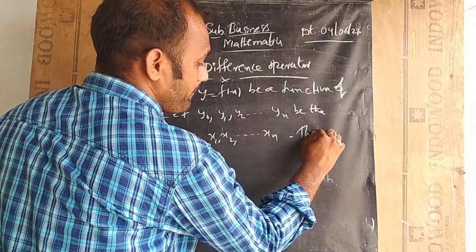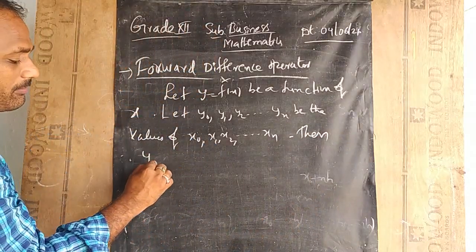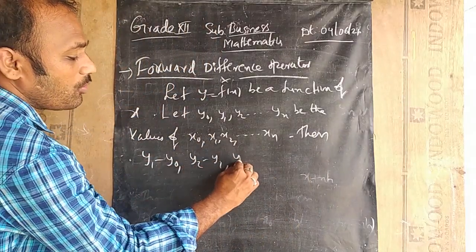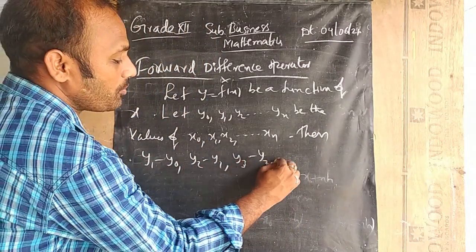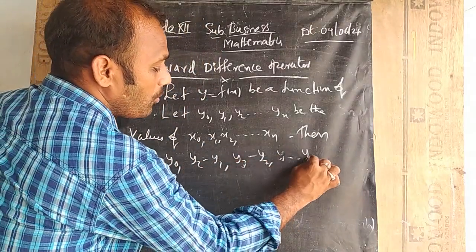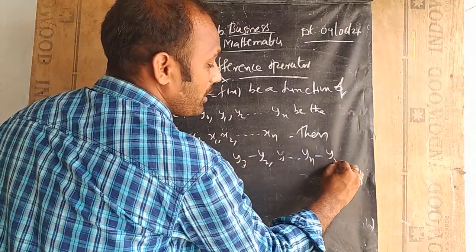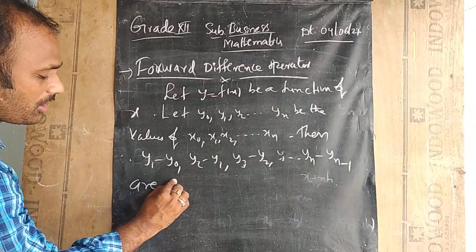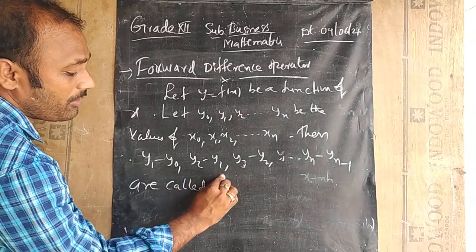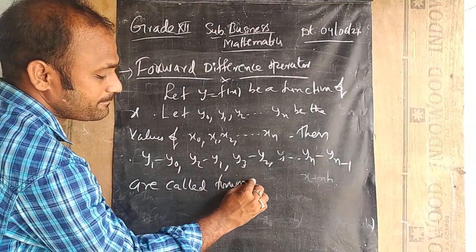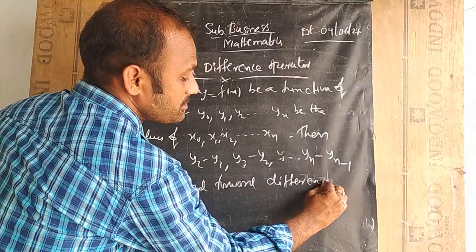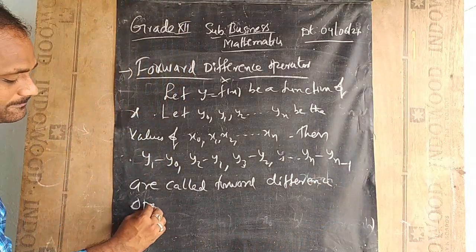Then y1 minus y0, y2 minus y1, y3 minus y2, and so on yn minus yn minus 1 are called the forward difference operator.